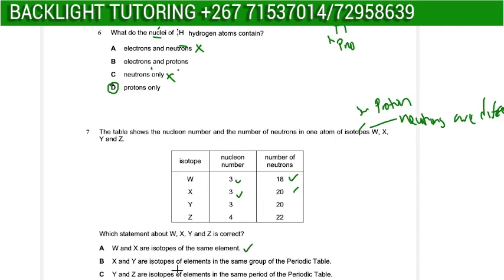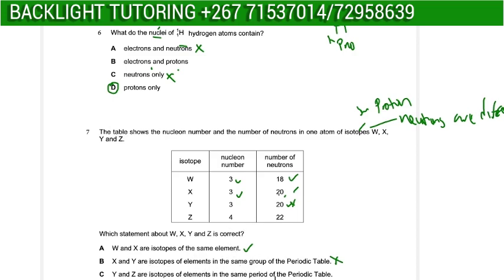X and Y are isotopes of elements in the same group of the periodic table. X and Y, the neutrons are the same, but this will be wrong, right? So neutrons have to be different.